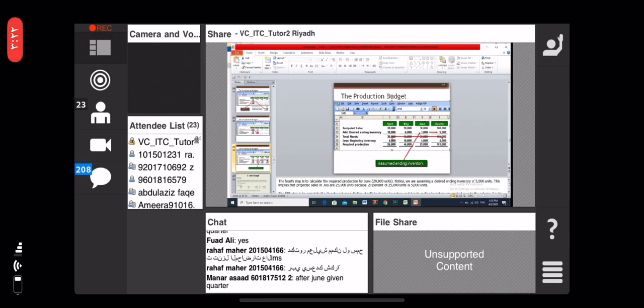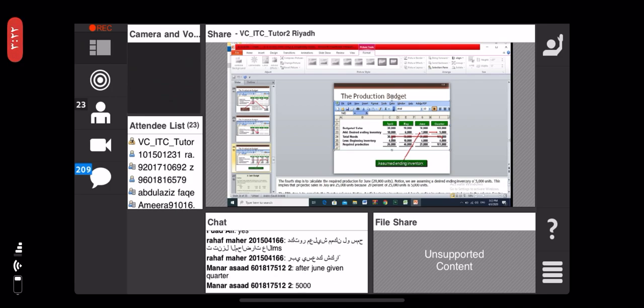But for ending and beginning, 5,000 and 4,000, when you add ending inventory, you will not calculate 10 plus 6 plus 5. No, ending will be the end of the quarter, which is 5,000. You do not calculate all the numbers.